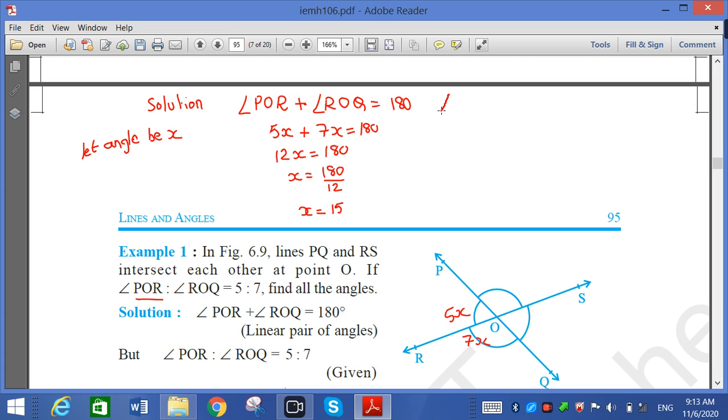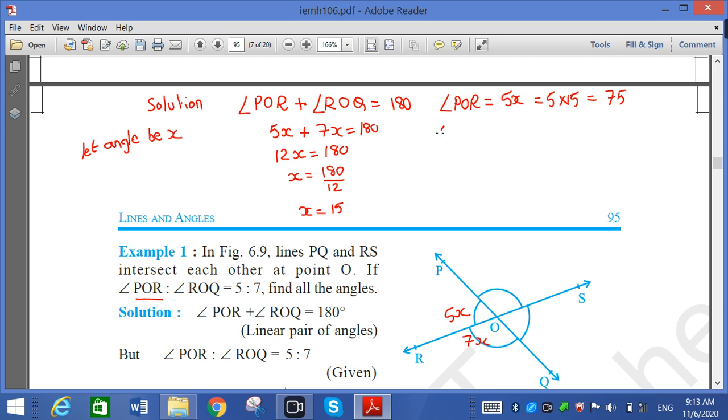Now we have to find out POR. So POR is equal to 5 into x. That is 5 into 15. That is 75. Now POR, vertical opposite angles are there. So POR is equal to SOQ.